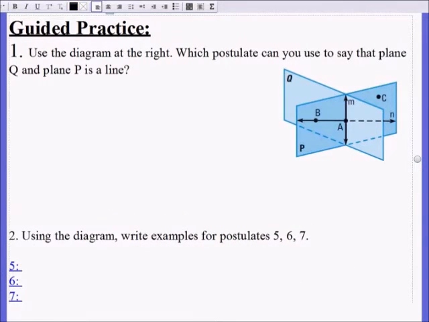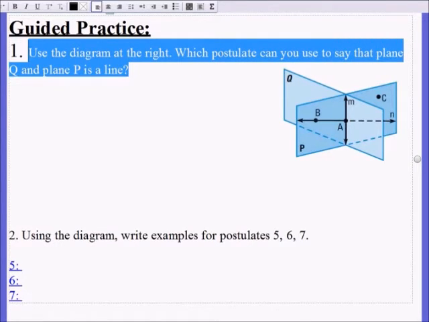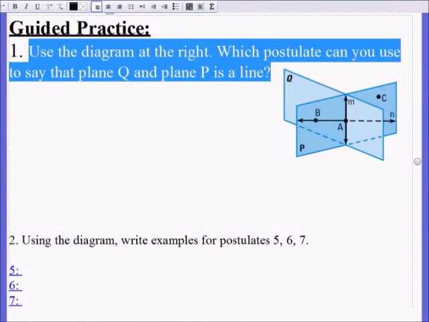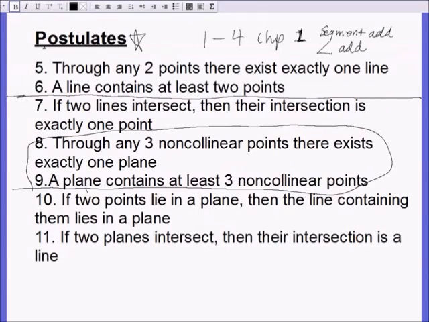We need a postulate that talks about two planes. Let's make this 30. You need a postulate that talks about two planes, and you need a postulate that talks about a line. So let's look back at our postulates.